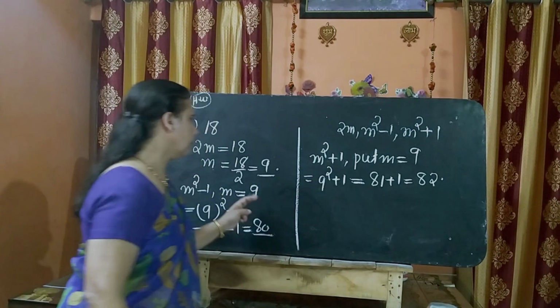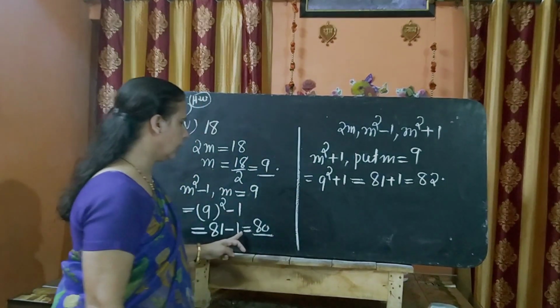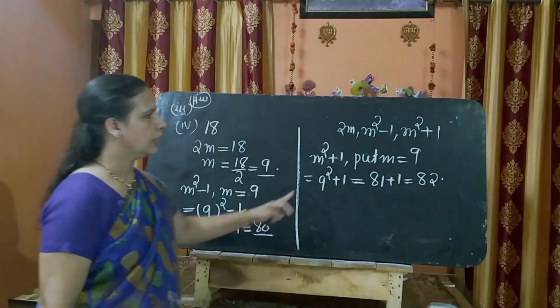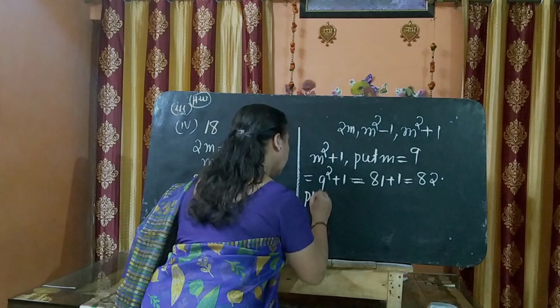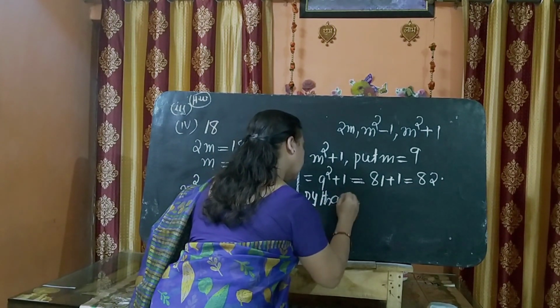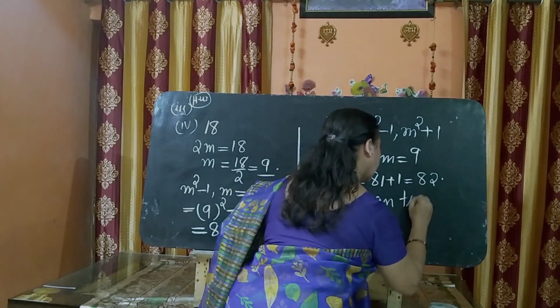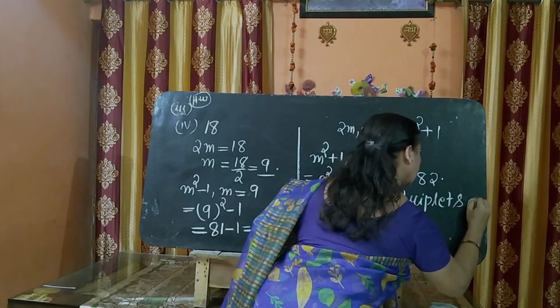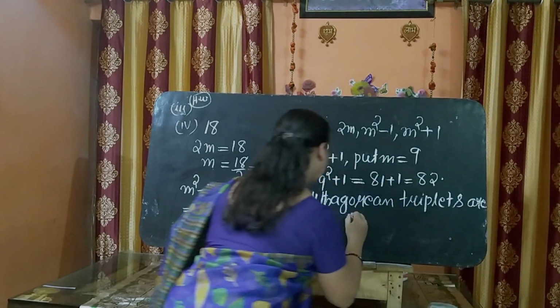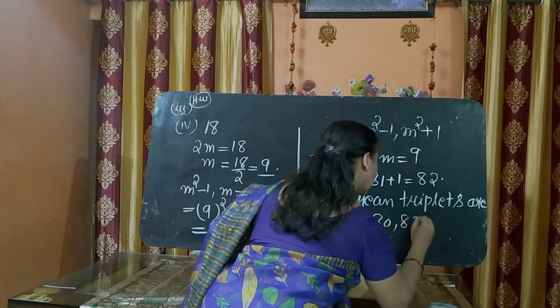Pythagorean triplets are 2m 18, then m square minus 1 is 80, m square plus 1 is 82. So Pythagorean triplets are 18, 80 and 82.